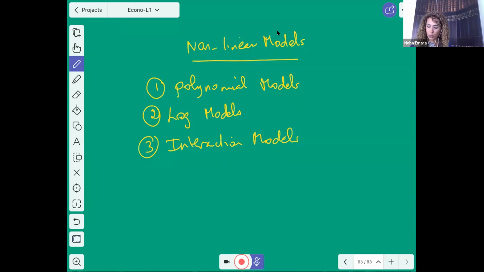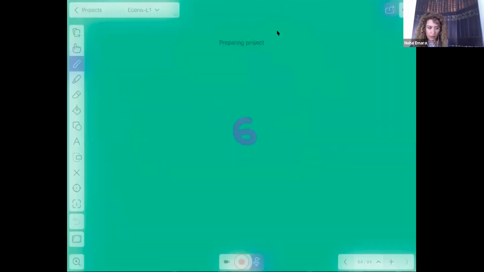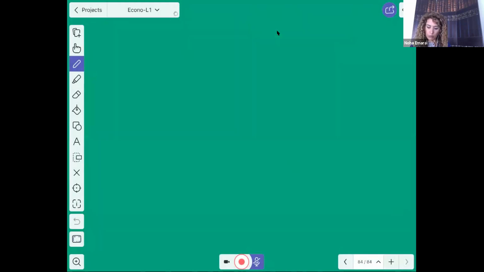So let's start with polynomial models, because it's my favorite one, and it's relatively the less complicated one for students to understand. So what are polynomial models? Polynomial models is a model that allows for some powers to the x.